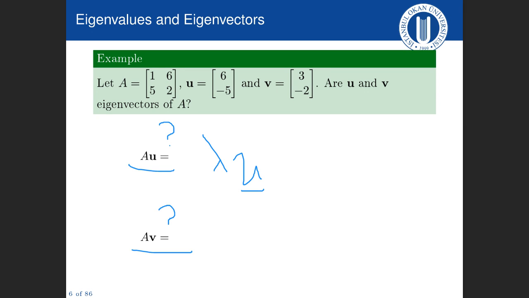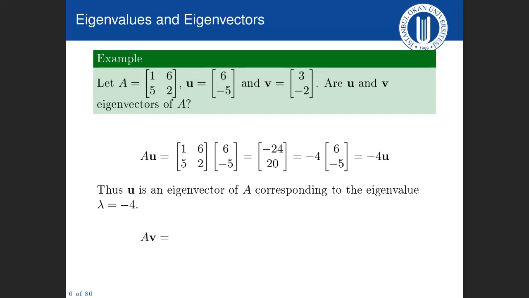And again, we're going to ask, does this give us a number multiplied by v? So let's try it. A multiplied by u gives us (-24, 20). I'll leave that for you to check. And that is -4 multiplied by u. So that tells us that u is an eigenvector of A corresponding to the eigenvalue lambda equal to -4.